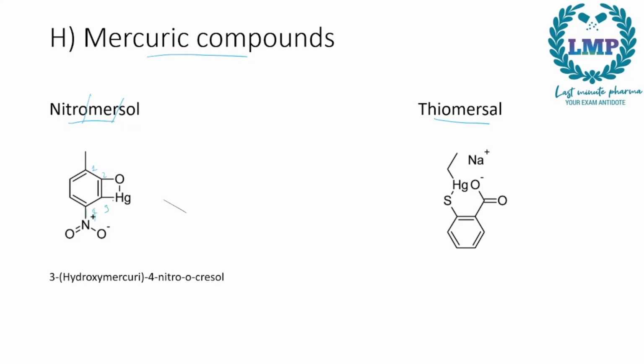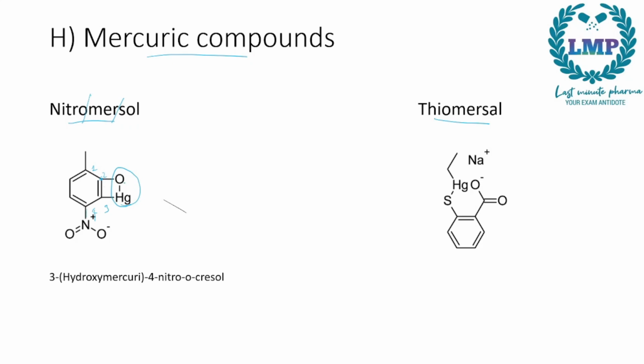In the third position we have hydroxymercury. Now Hg is attached to O, so this will be called hydroxymercury. In the fourth position we have a nitro group, and then we have orthocresol. Orthocresol as in the OH is attached just beside, so in the ortho position according to cresol.